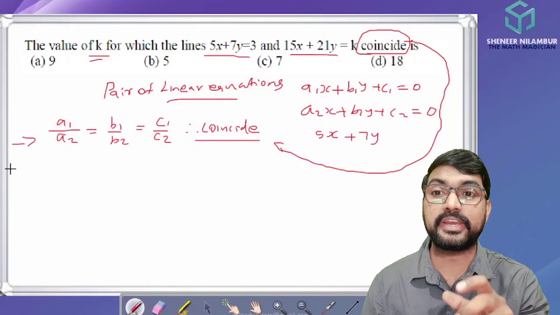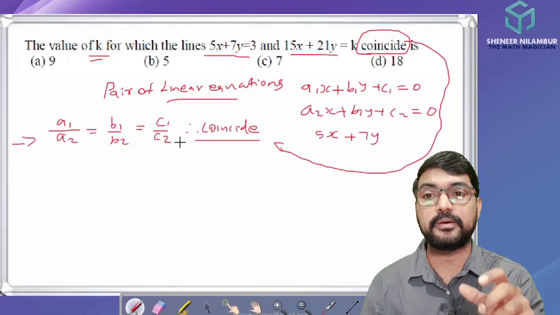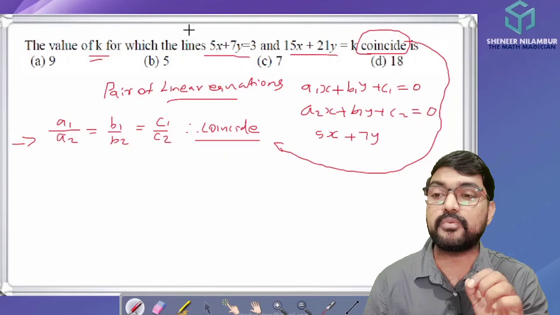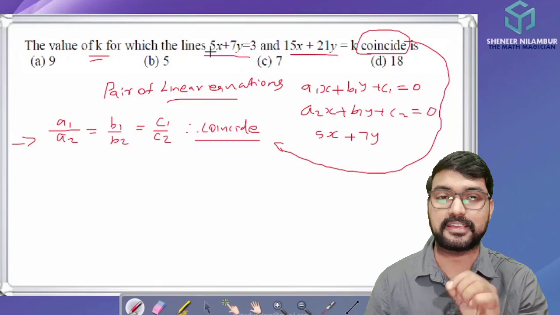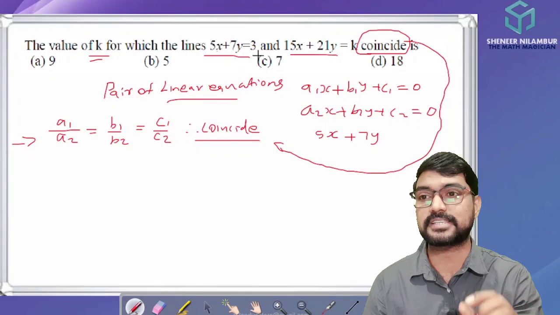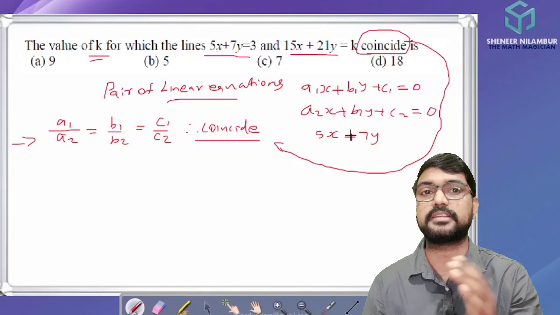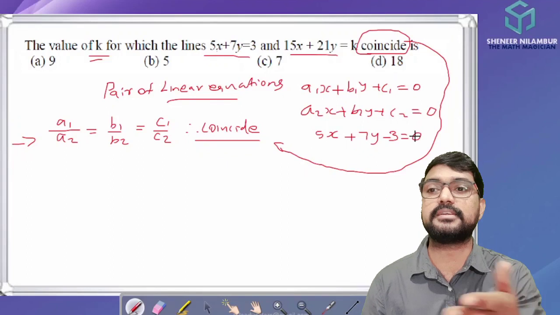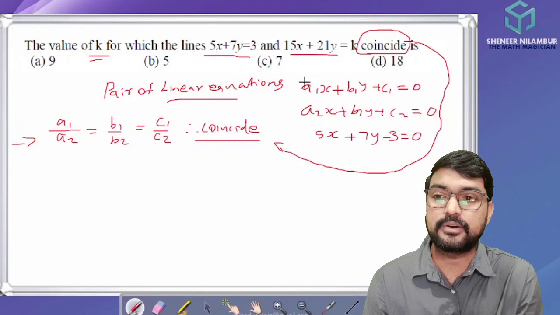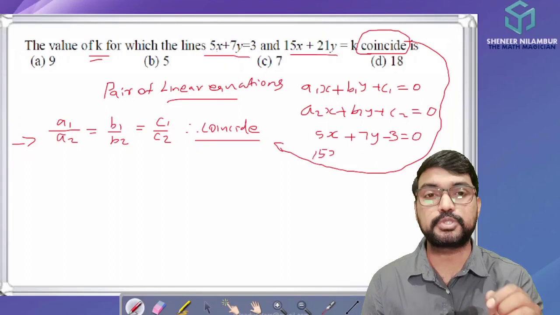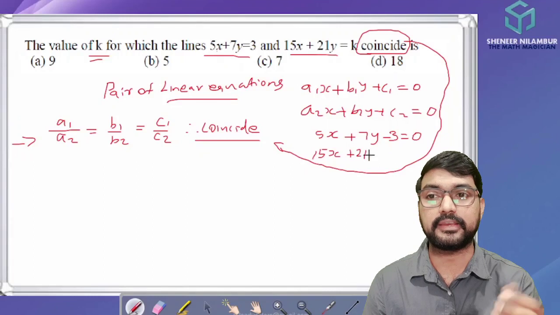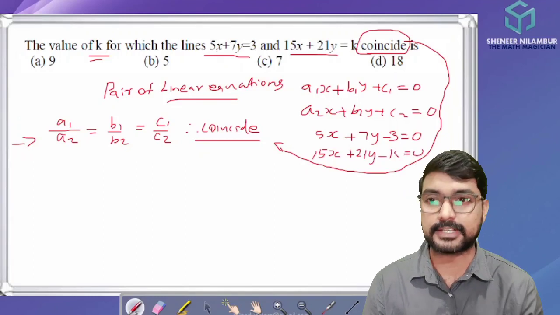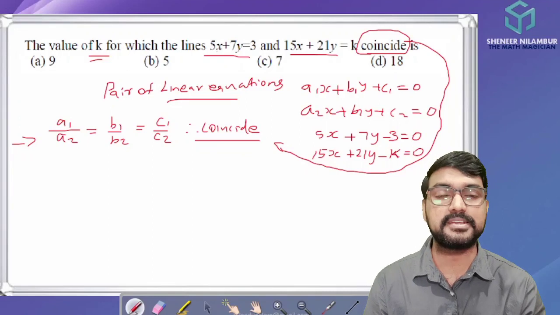So we can identify the values of a1, b1, c1. The first equation is 5x plus 7y is equal to 3. We bring 3 to the left side, it will be 5x plus 7y minus 3 is equal to 0. This is the standard form. Similarly, the second equation is 15x plus 21y is equal to k. k can be transposed to the left side, so we get 15x plus 21y minus k is equal to 0.